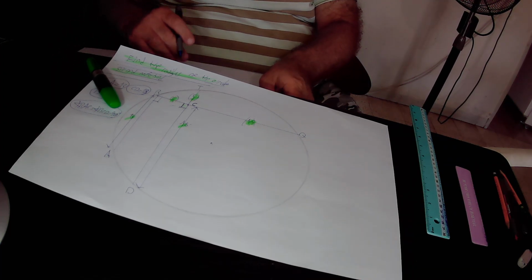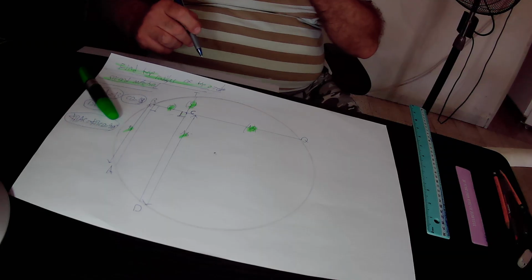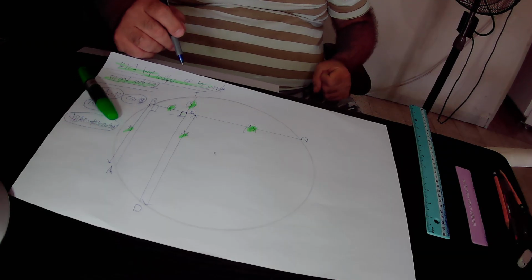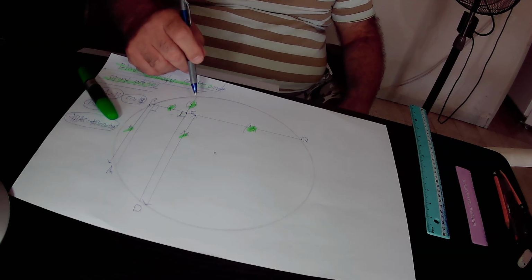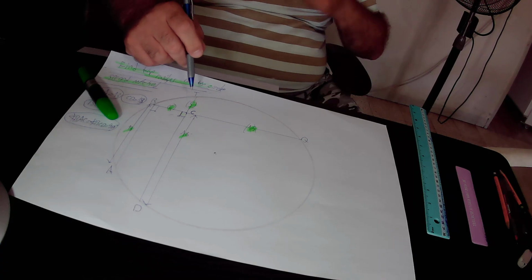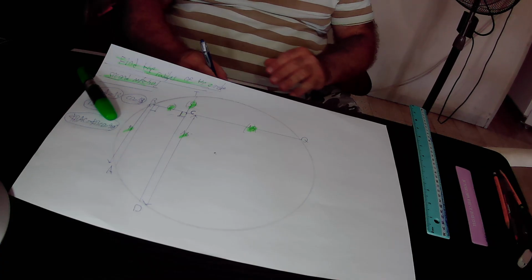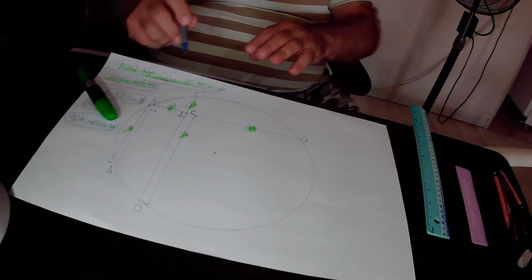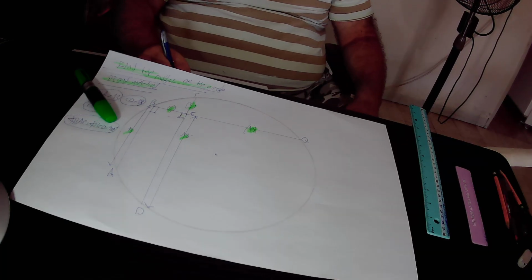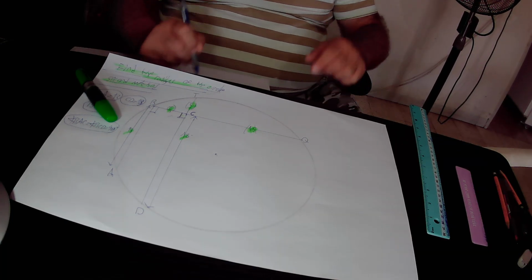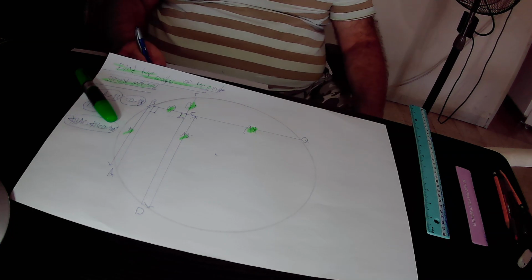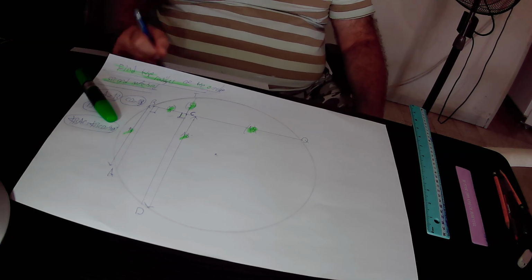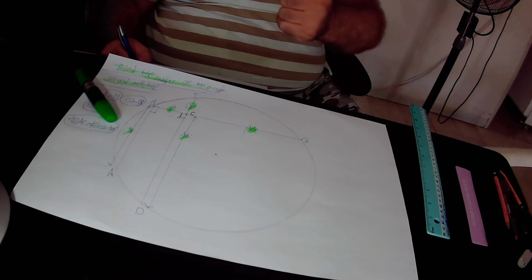According to Rule 26, the following equation is true: TC squared plus CD squared plus BC squared plus CQ squared equals 4R squared, and R is the radius of this circle.